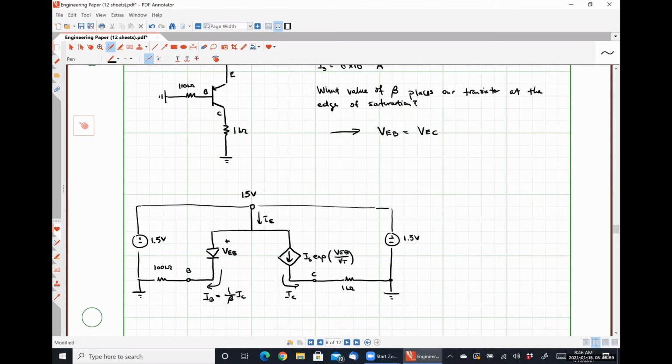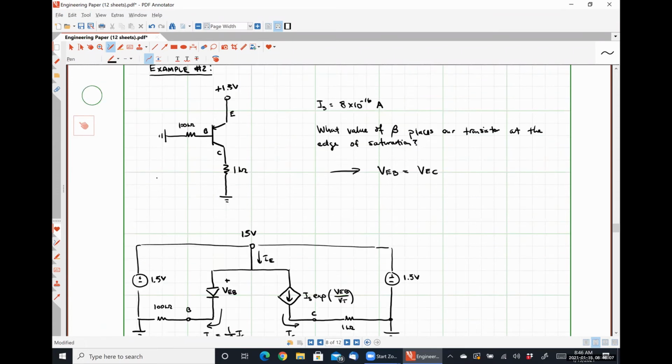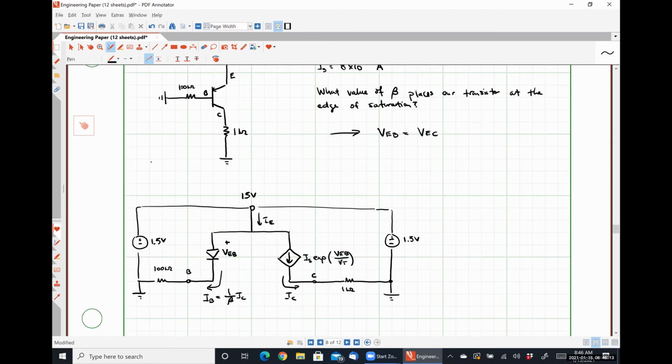Between those two points, I have a known potential of 1.5 volts, because this 1.5 volts up at the top of our circuit is a voltage with respect to ground. I'm drawing it that way because it helps me do my Kirchhoff's voltage law loops when I think about it from a circuits one perspective, where I literally have a loop to do KVL around. So that's just me helping myself out.